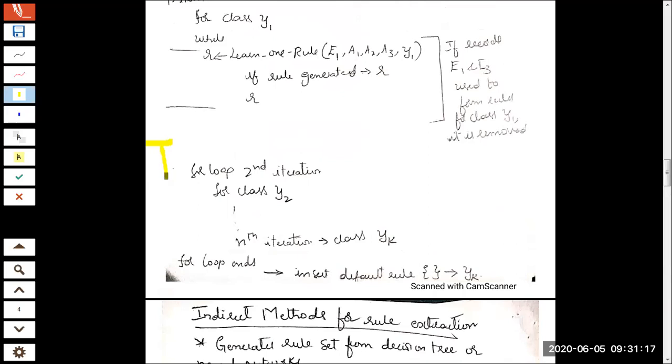That's it. Okay, meaning that once again I'll write this. We have a training record. Okay, from this training record, a decision tree will be constructed. We know a decision tree is a classifier, no doubt about it. So this is the intermediary form I was talking about. Now, from this decision tree, the classifier will learn the rules.